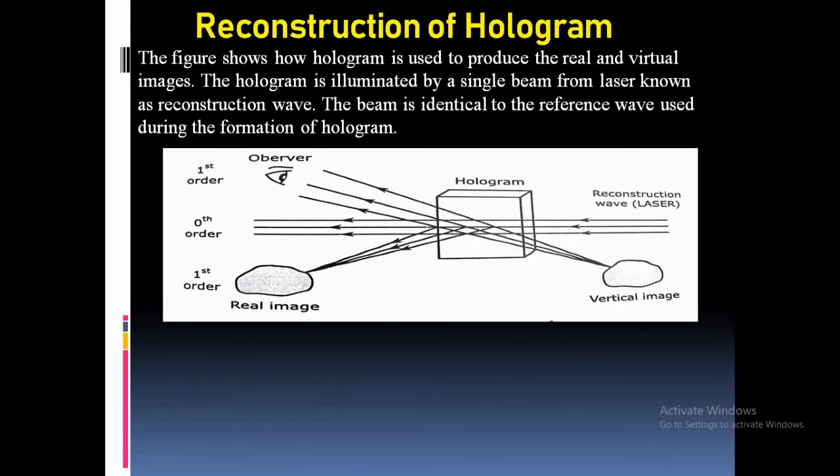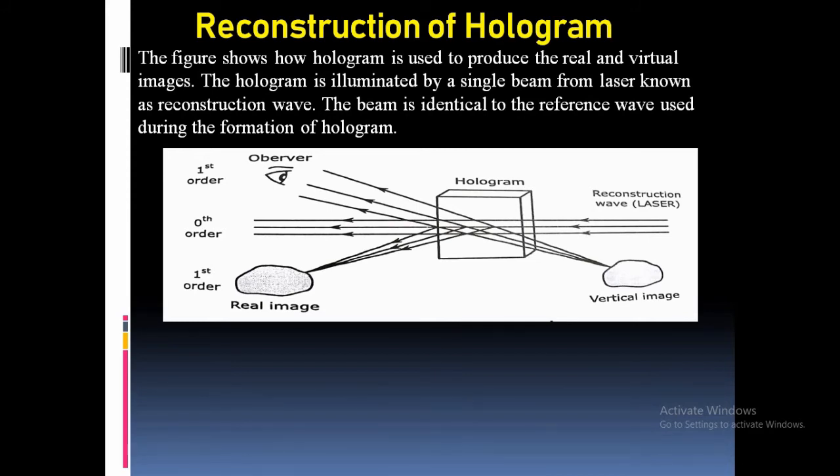Now let us discuss the reconstruction of the hologram. The figure shows how a hologram is used to produce the real and virtual images. The hologram is illuminated by a single laser beam known as the reconstruction wave. The beam is identical to the reference wave used during the recording of the hologram.